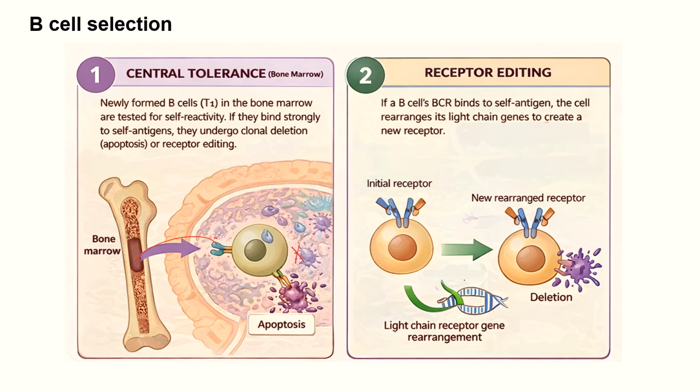The second part, which we'll study later, is called receptor editing, where the B cell receptor is edited in such a way that it does not cross-react with the self-antigen. If the B cell binds to the self-antigen, there is a rearrangement in the light chain, and that can create an entirely different receptor which won't react to the same kind of antigen. This is what is called receptor editing, which we'll see a little later.